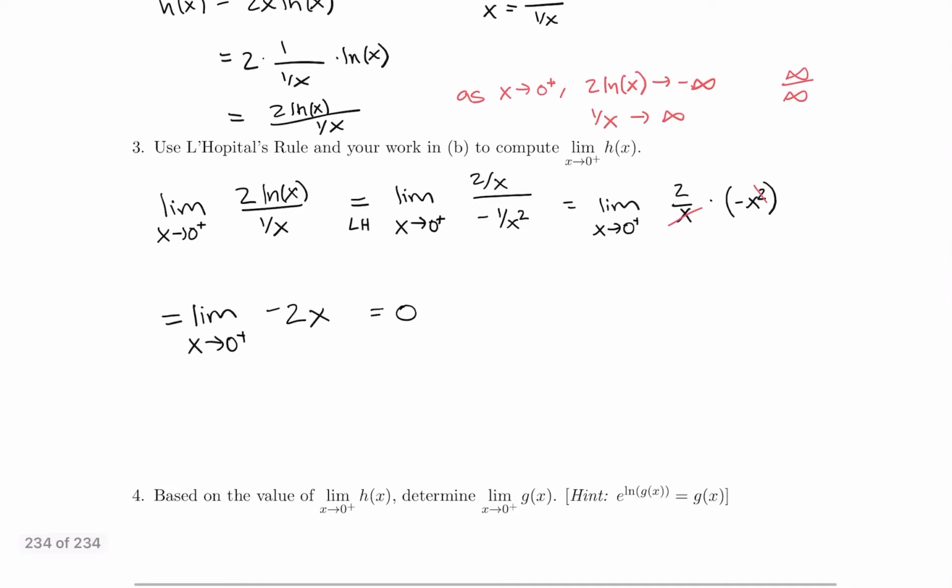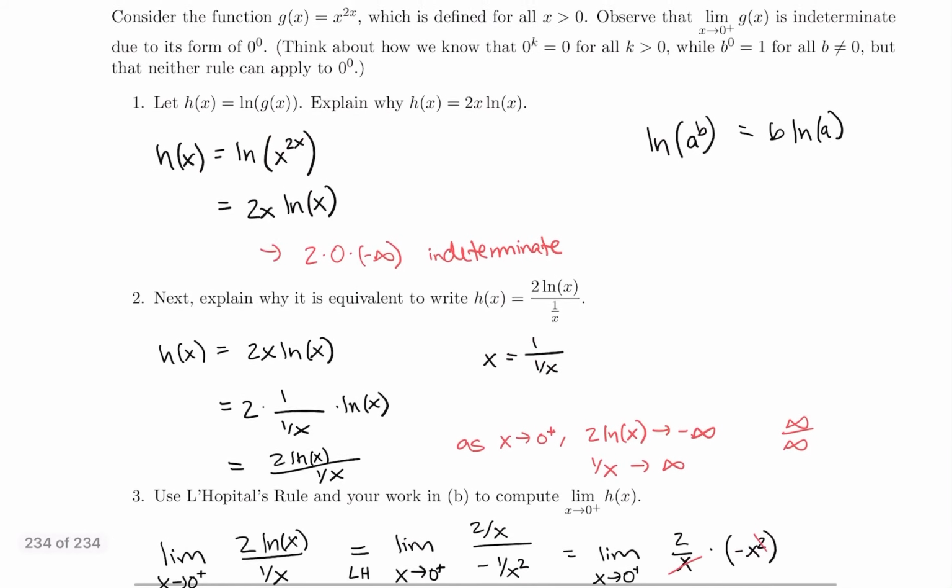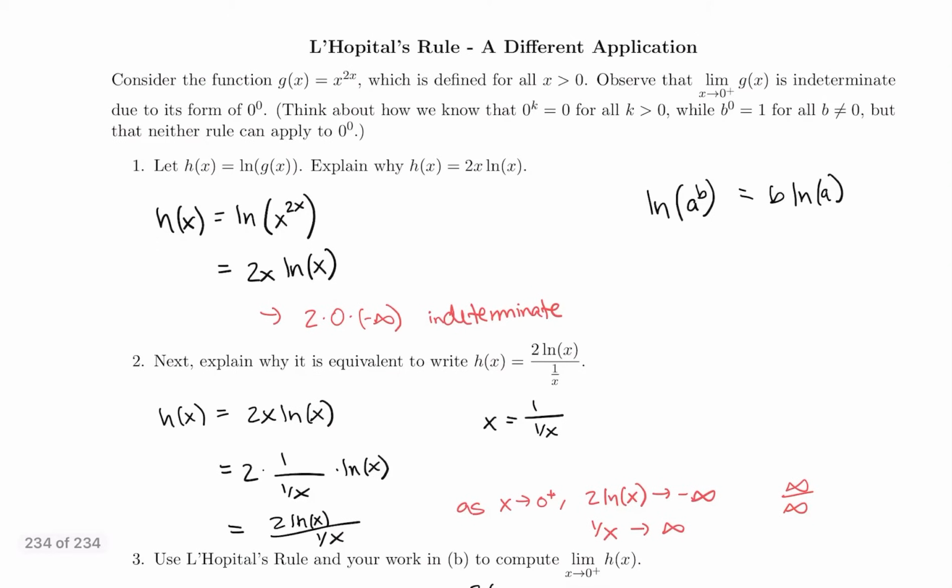But we are not done yet, because remember, this is the limit of h of x. Now h of x was defined to be, if we go back up, the natural log of g of x.